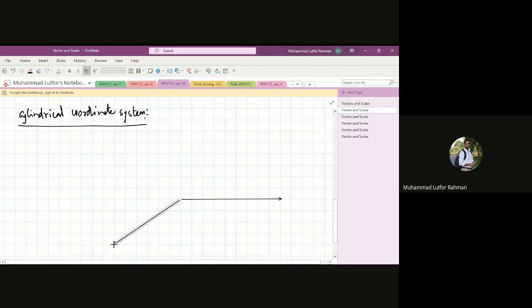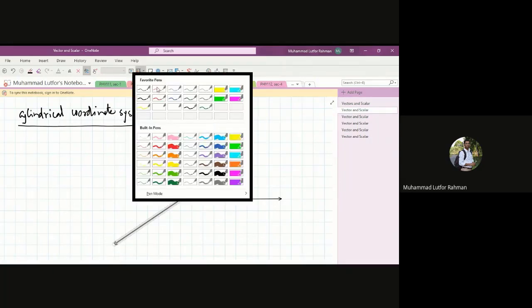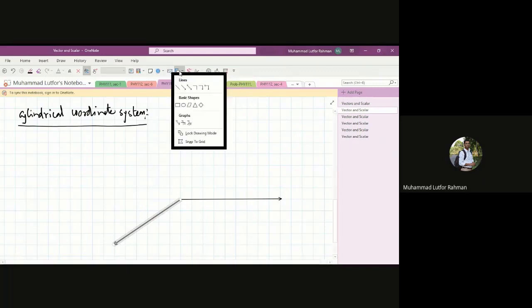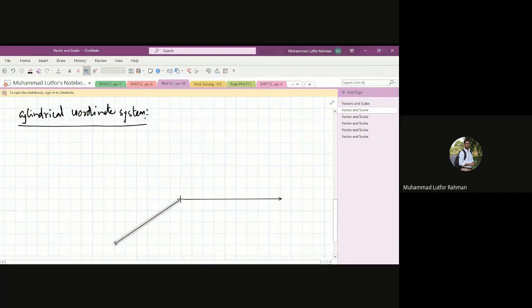This is my x-axis. This is my y-axis, and say this is the z-axis.